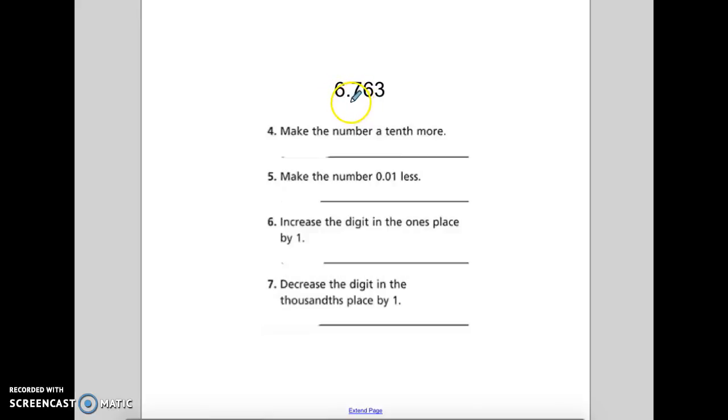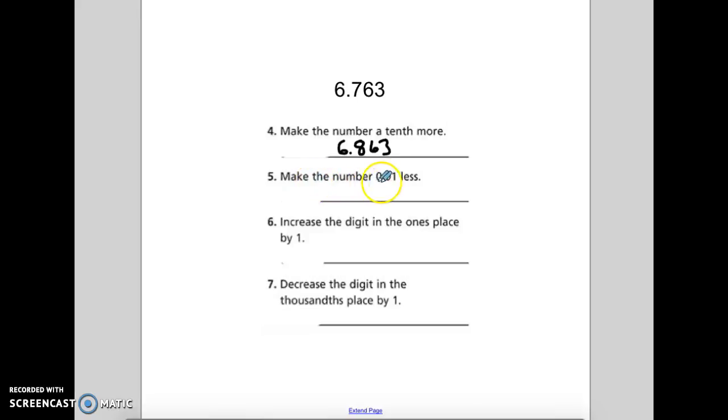So in this case, it'd be this 7 here. And they want me to make it one tenth more. So I'm going to just rewrite that number as 6, and I'm going to make it 1/10 more. So it'd be 8, 6, 3. If I was going to read that number, I'd have 6 and 863 thousandths.